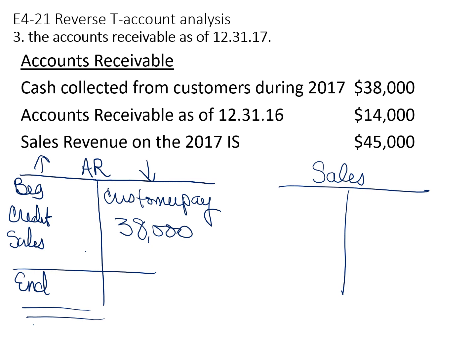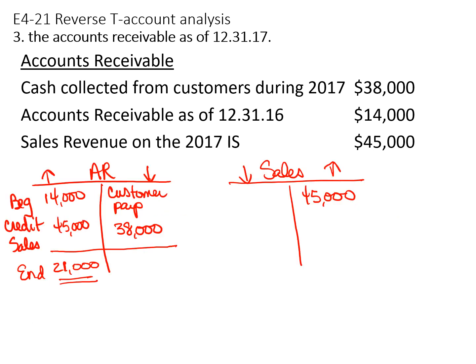The beginning balance was $14,000 and the sales revenue during the year was $45,000, where we debited accounts receivable $45,000 and we credited sales. So I bet you can figure out what the ending balance is. When you're ready, forward the slide. Yep, the ending balance is $21,000.